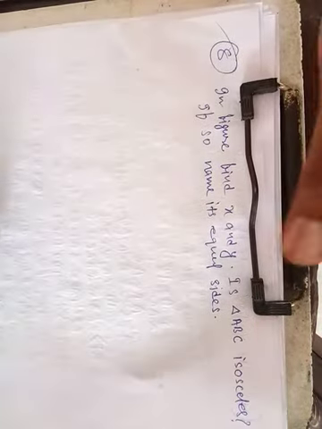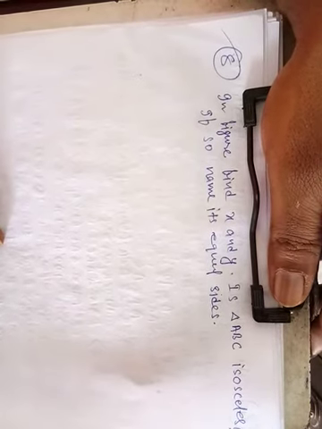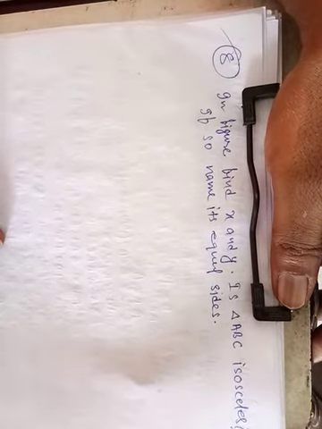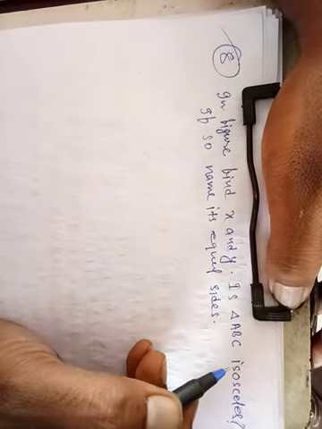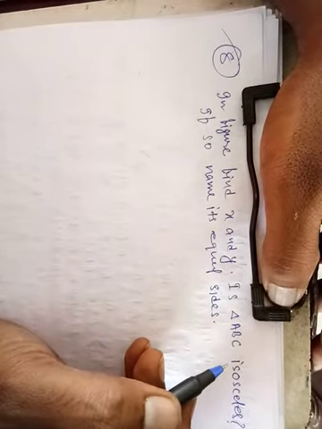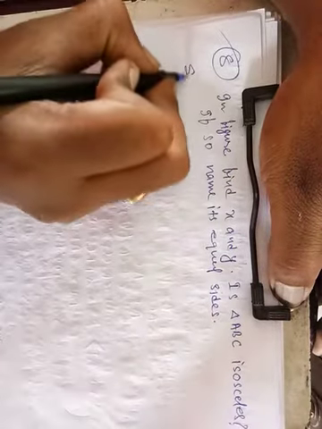In this question you have to find the values of x and y. You have to say whether this triangle is isosceles or not, and if it is isosceles then which sides are equal. Solution.